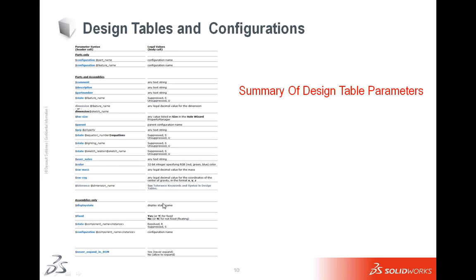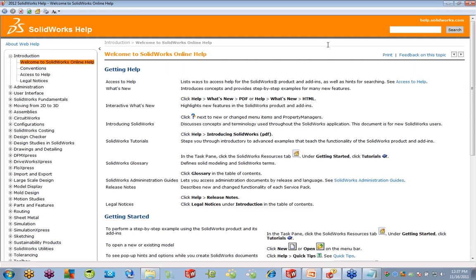I brought this image up here because this is directly out of the help file. If you type in summary of design table parameters, let's try that. If I spell correctly here, table parameters.